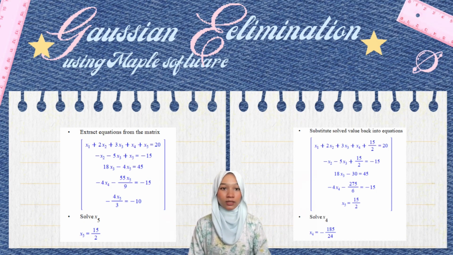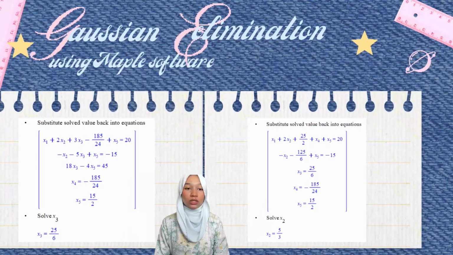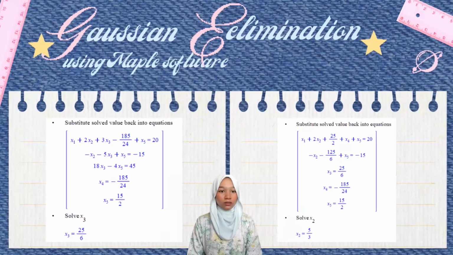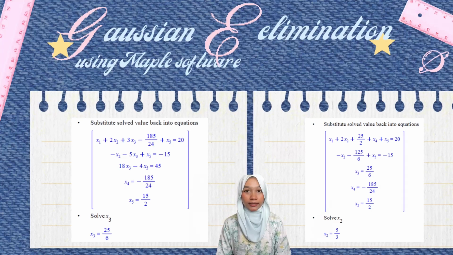After that, substitute the value of x5 into the equations, and we will solve for x4 equals negative 185 over 24. Then substitute the values of x4 and x5 into the equations, and we will get x3 equals 25 over 6.